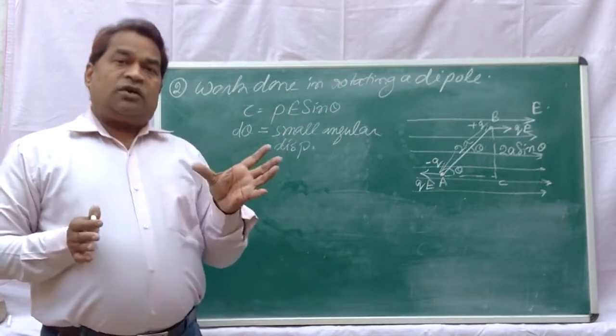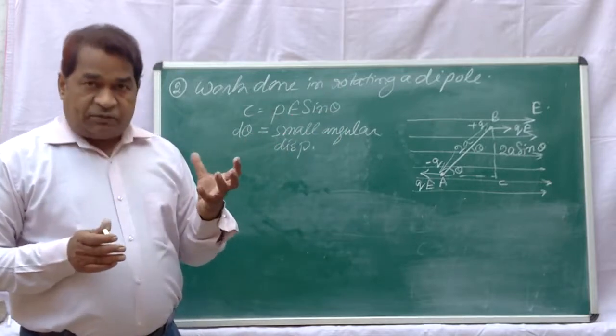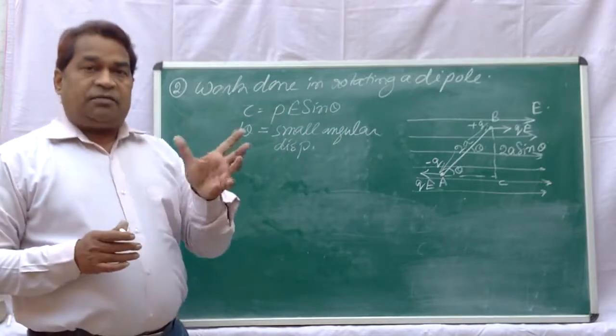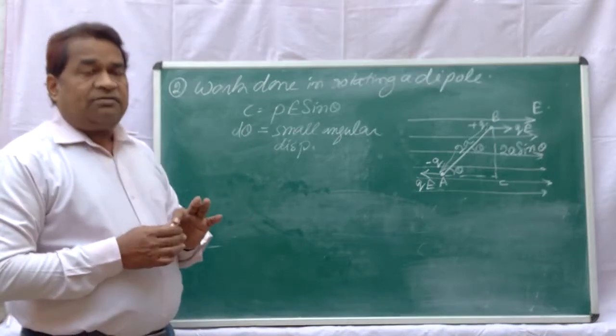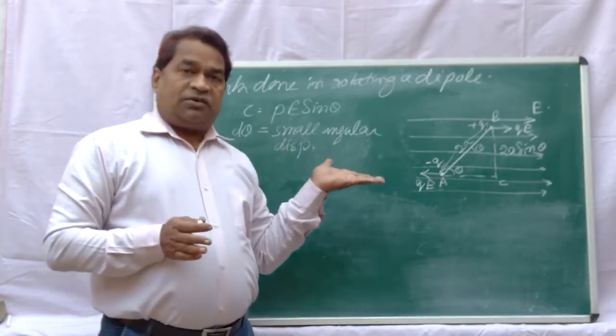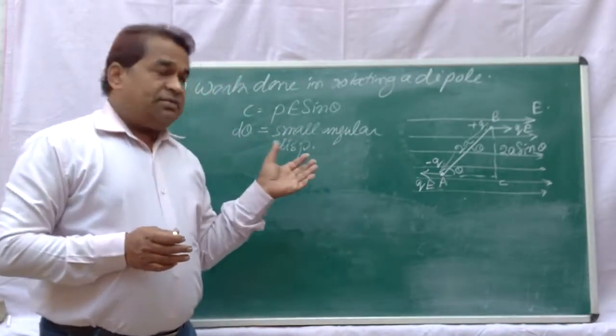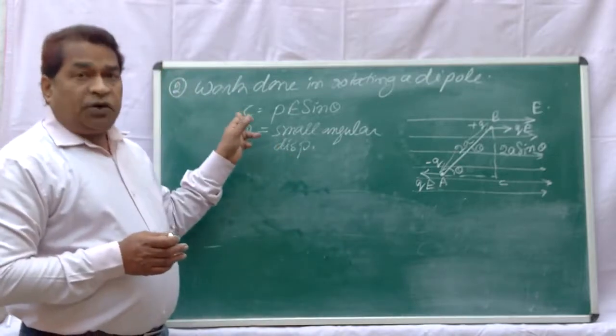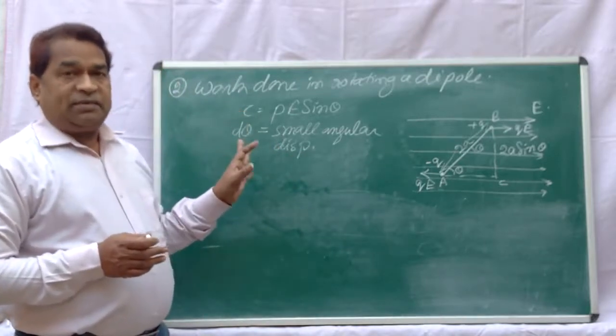In linear motion, work done is force into displacement, but in rotational motion, work done is given by the product of torque and angular displacement.